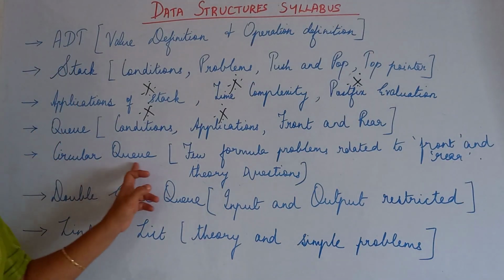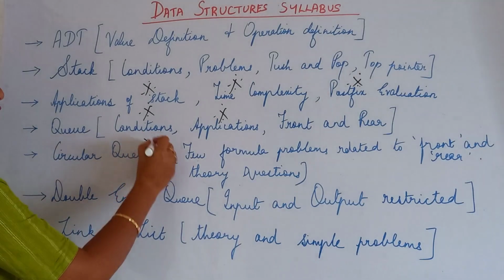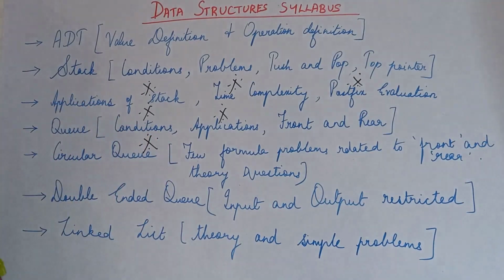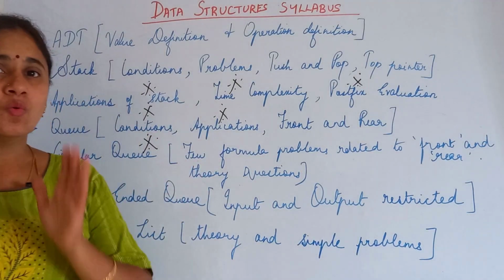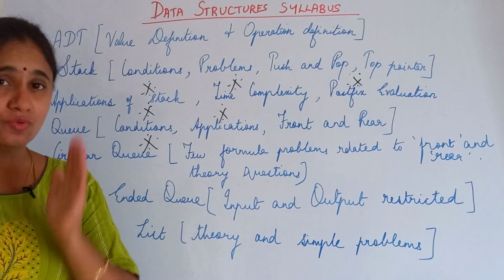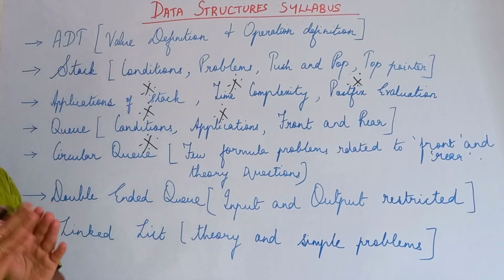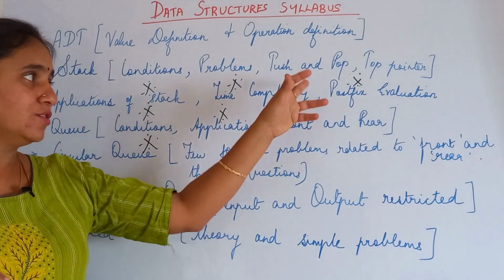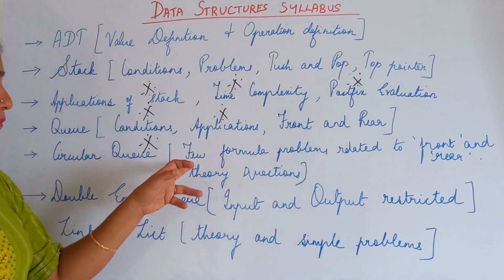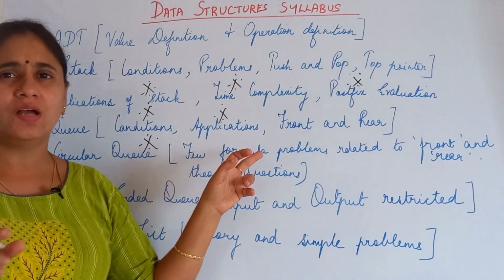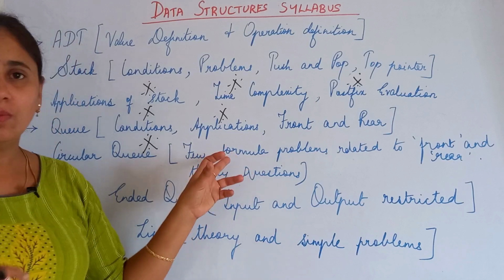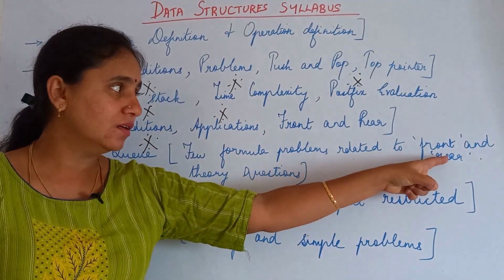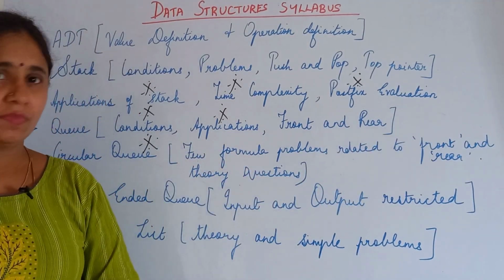The next important topic is circular queue. Under the circular queue, we are going to discuss what is a circular queue, why we are using the circular queue, and its advantages and disadvantages. There are few formulas of circular queue, related to rear and front.